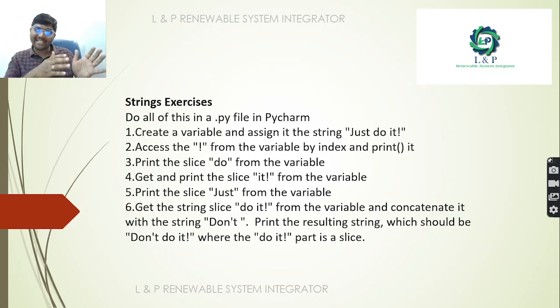Then print the slice "just" from the variable and concatenate it with the string "don't". Then print the resulting string, which should be "don't do it", where the "do it" part is a slice.